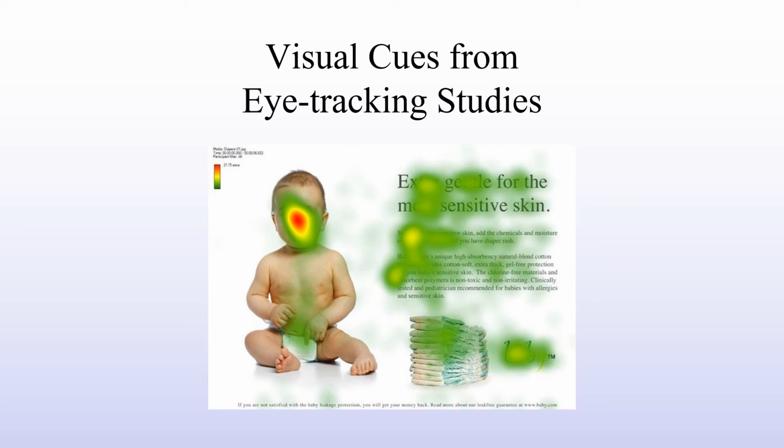So here we can see hotspots. You'll see red as being the hottest place, yellow also frequency, and green less frequency. So notice where the user starts here. The user looks at a graphic first because there's a graphic. And also there's a face, and people tend to be drawn there first.